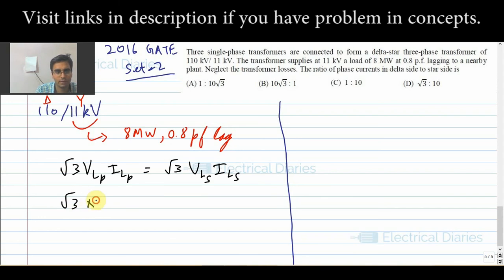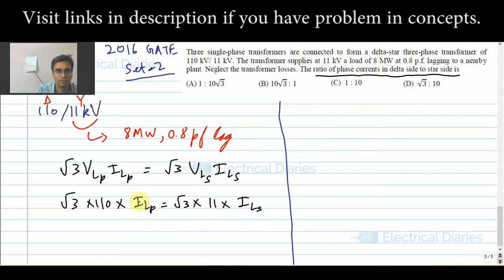Root 3 VLP, the line voltage of the primary side, is given to you as 110. Always remember that by default the line voltages and line currents are given. ILP is not given to you. VLS, the line voltage of the secondary side, is 11, and ILS is not given to you. But now he has asked the ratio of phase currents.